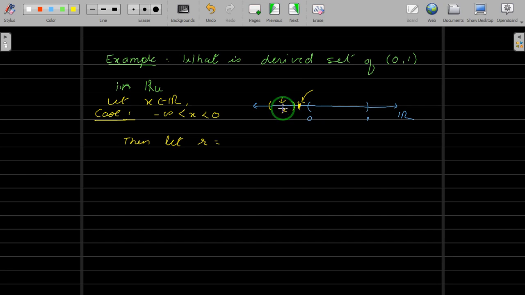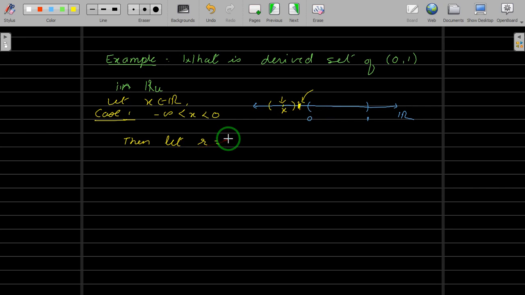Okay, no matter how close your X is to 0, but not equal to 0, of course. Okay, 0 we will take in another case. So no matter how close you are to 0, still you can find R such that the neighborhood of that X intersection with this set will be empty.